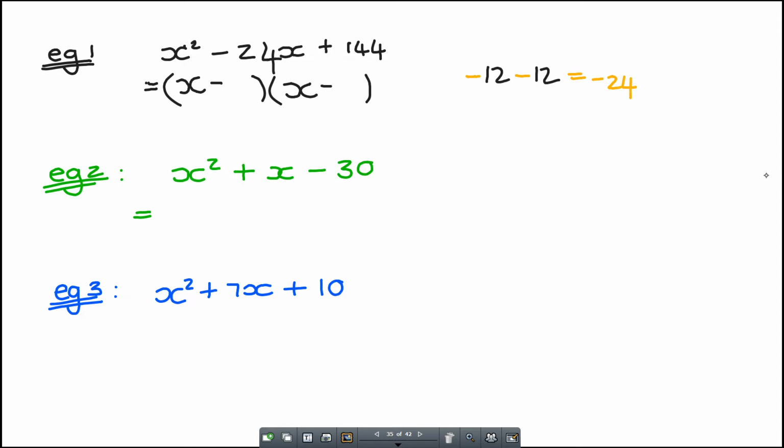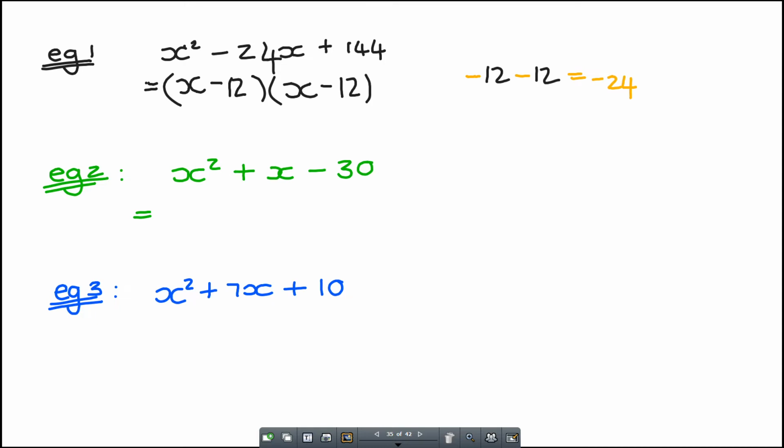And that's how I knew that my brackets would be x minus 12 and x minus 12. I know you might still be a bit unsure, but once we get to example 3, then it should all make proper sense.